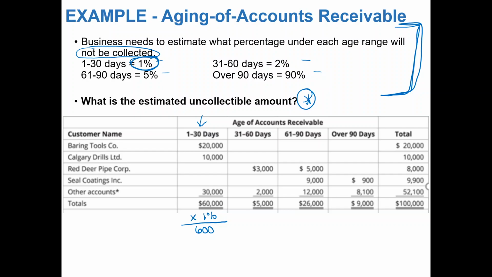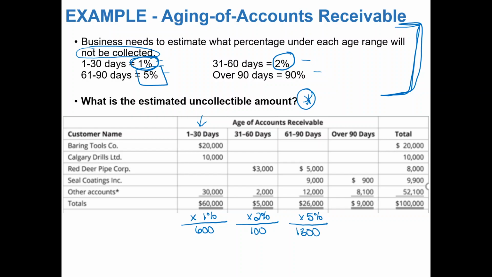And we just do this for each of the columns. So for 31 to 60, they think 2% of this $5,000 won't be collected, which is $100. For 61 to 90, they think 5% of this $26,000 balance won't be collected, which gets us to $1,300.